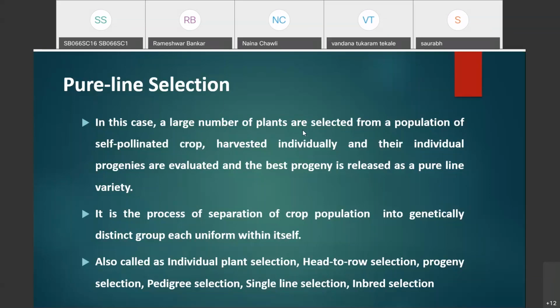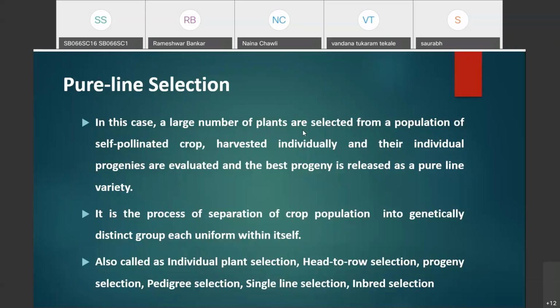Okay, that means we can say the pure line selection is the process of separation of crop population into genetically distinct groups, each uniform within itself.